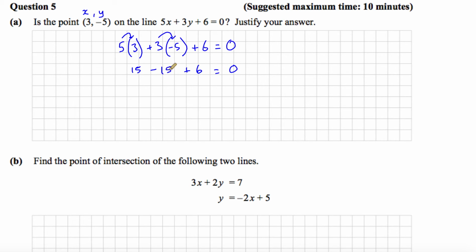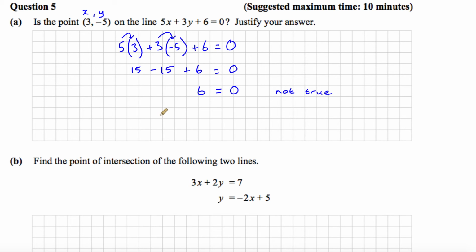So we have 15 minus 15, which is 0, and we have 6 equal to 0, and that is not true. Six equal to 0 is not true. So that's the justification that this point is not on the line.